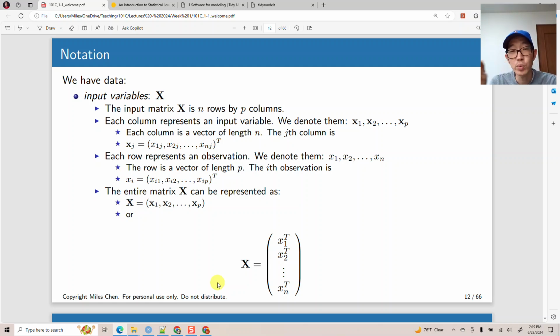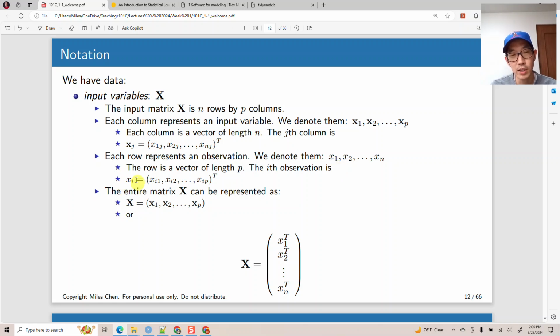Each row is an observation. For the columns we use bold print X, and for the observations we use italic x. So italic x1 is the first observation, and each row has p values, p features, so each one is a vector of length p.